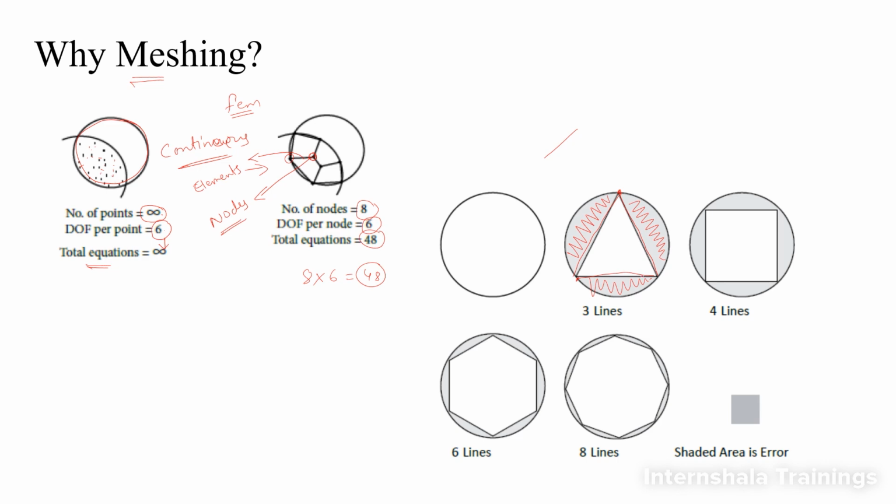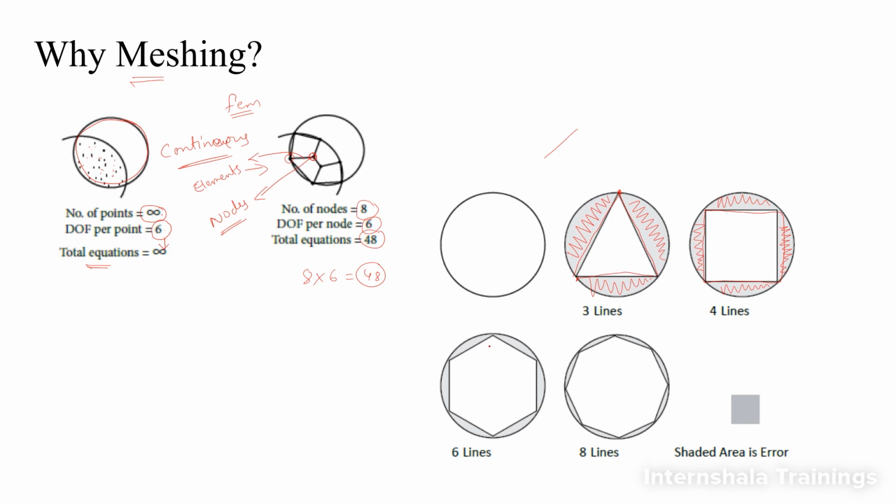So for me to decrease this error, what can I do? Instead of placing the thread like this, I can place the thread like a square. Now you can see it covers more area when compared to the previous case. But even with 4 sides, the area being left is very large.